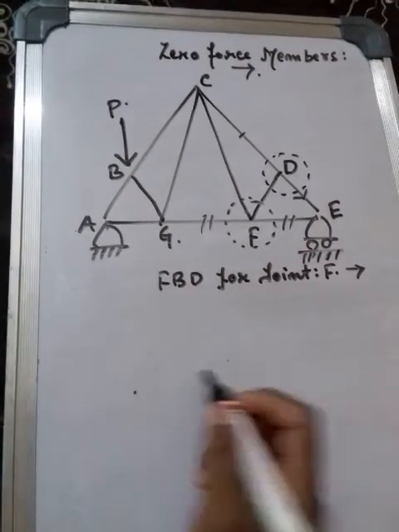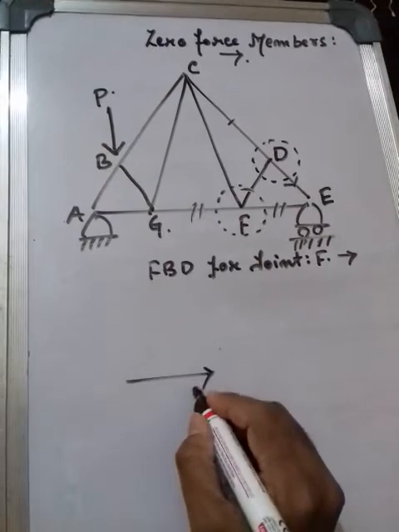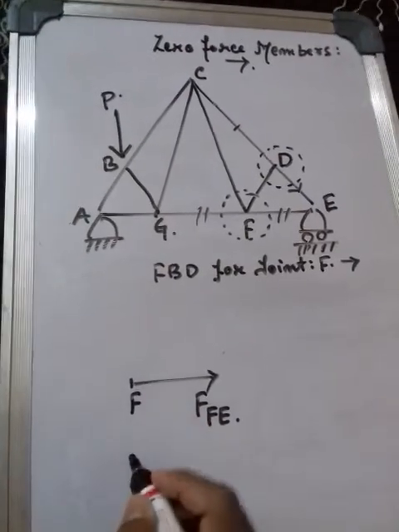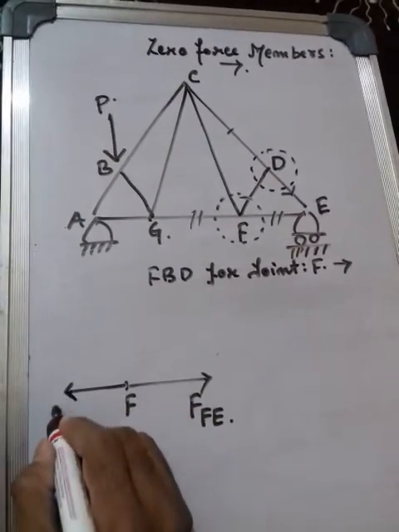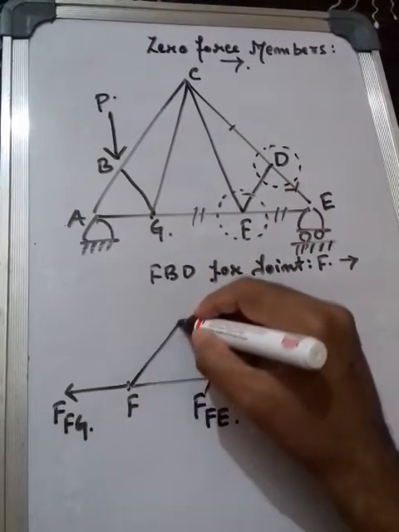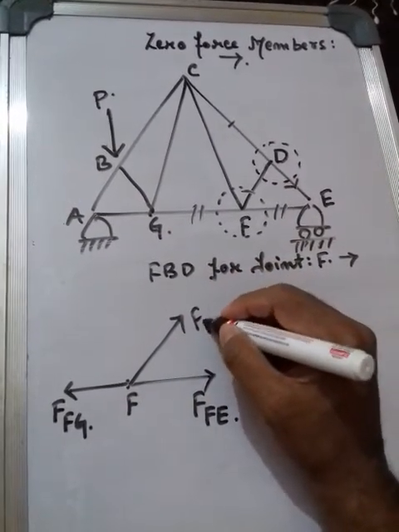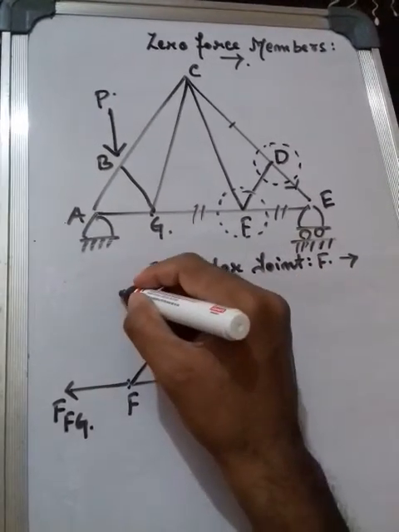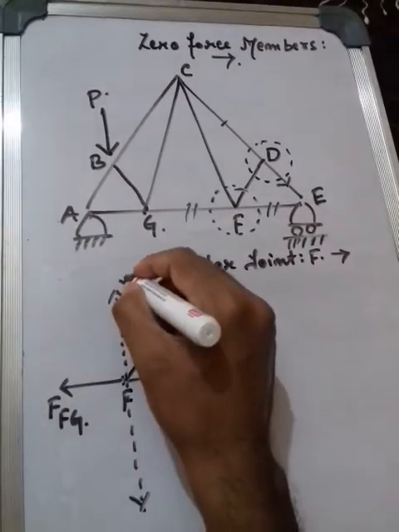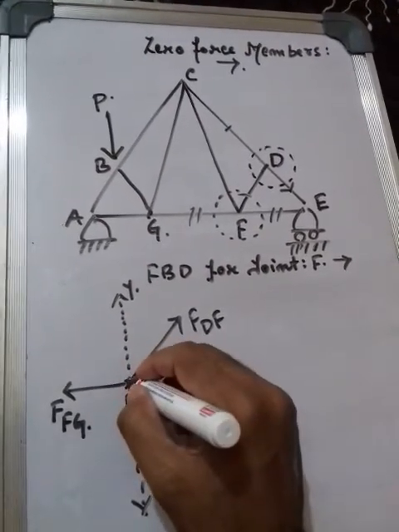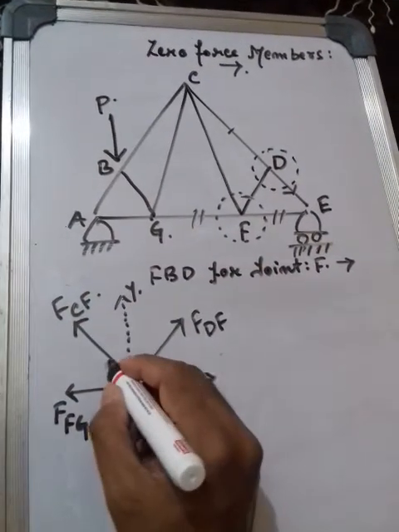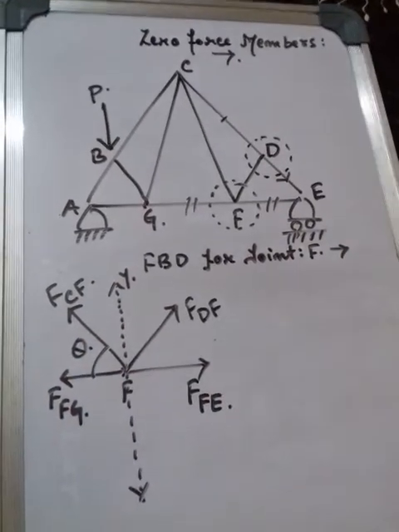This is joint F. This is the force FE, this is force FG, this will be the force DF, this is the y axis, and this will be FCF. This will be angle theta.